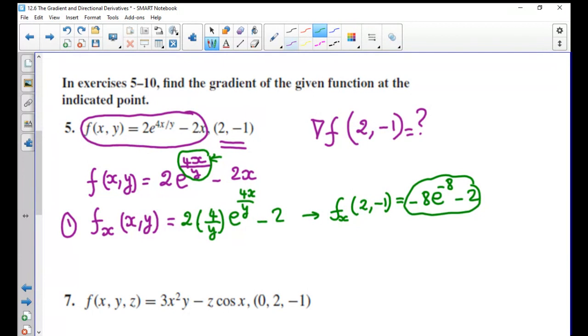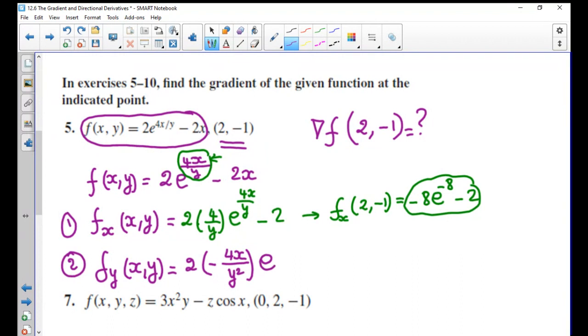And then the second, of course, we need the fy. This time it's going to be 2, and the derivative of 4x over y with respect to y will be minus 4x over y squared. Exactly, e to the 4x over y, and that's it.